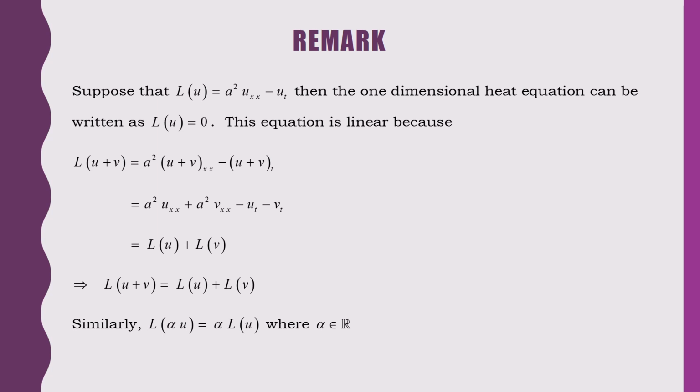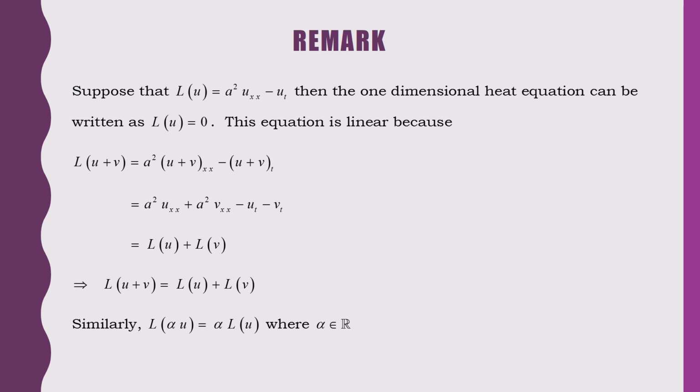We have already observed that the value of the discriminant b² − 4ac equals 0 for this equation. So this equation is a prototypical example of a large class of equations called parabolic PDEs. Now let's see why this one-dimensional heat equation is linear.